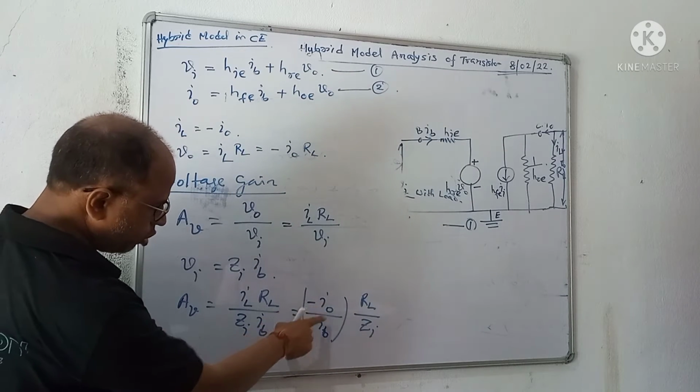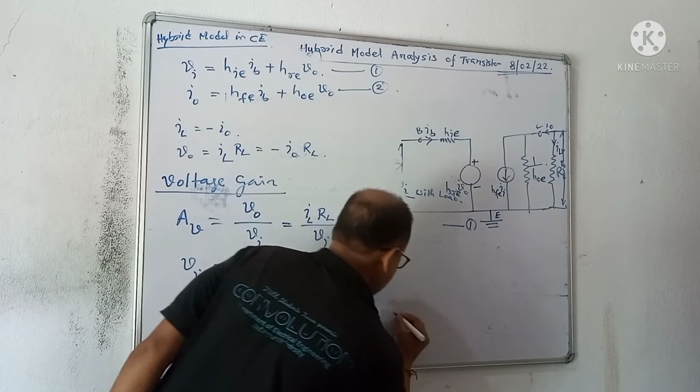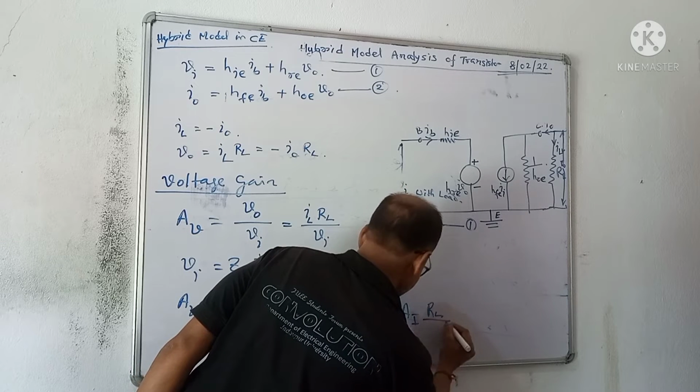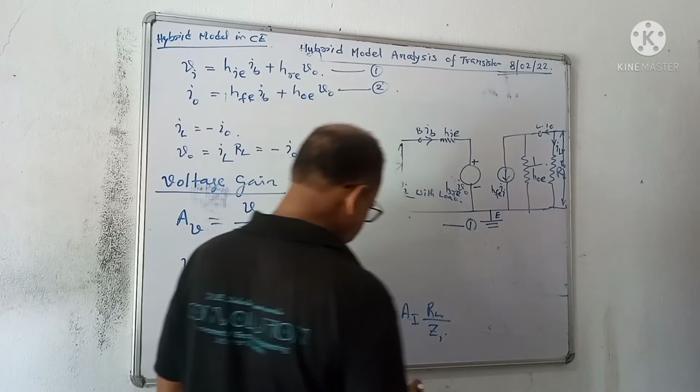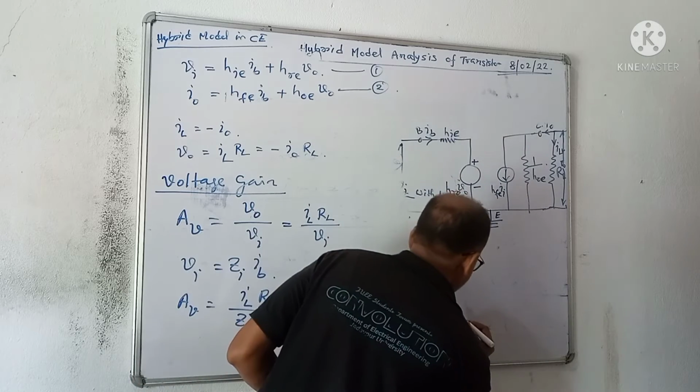Now minus I naught by IB is AI. Therefore, this is equal to AI into RL by ZI. Put the AI and ZI both.